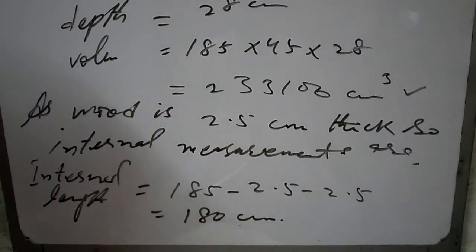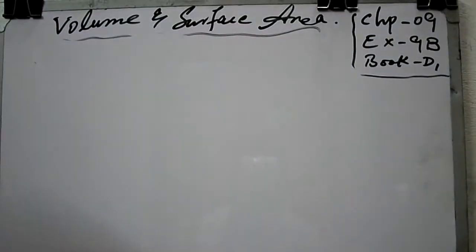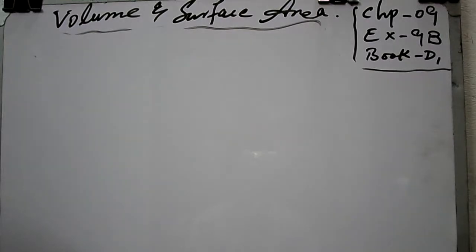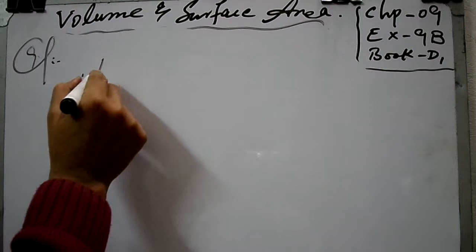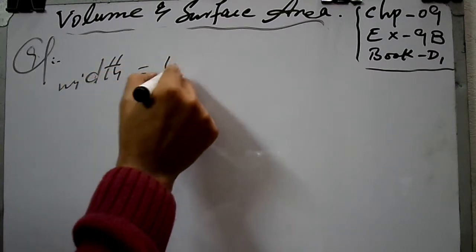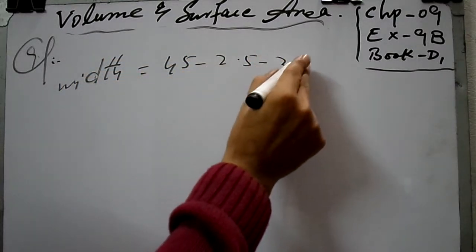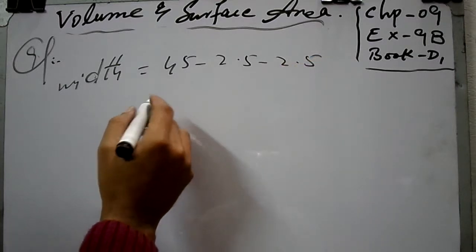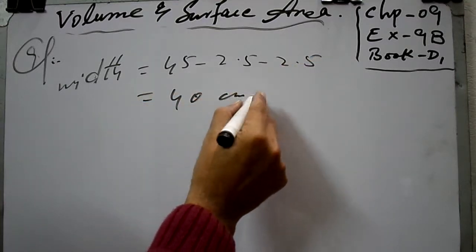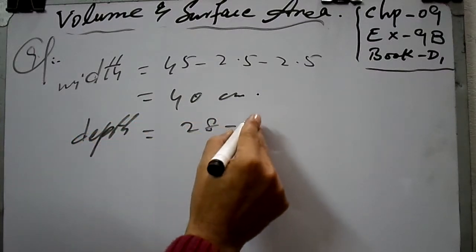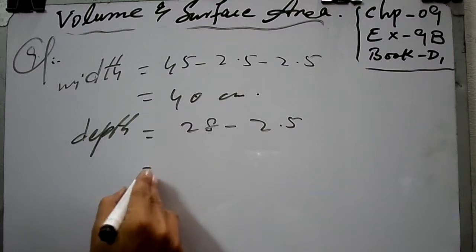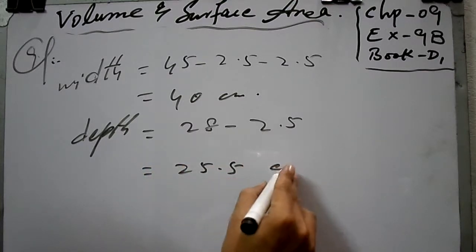Similarly for width and depth. Width is 45 minus 5 because it is internal measurement, so you will get 40 centimeters. Depth is 28 minus 2.5, you will get 25.5 centimeter.